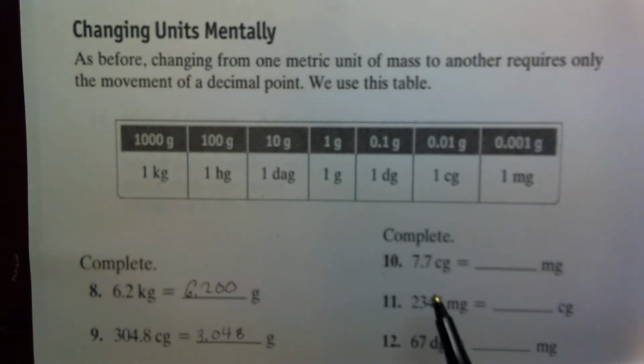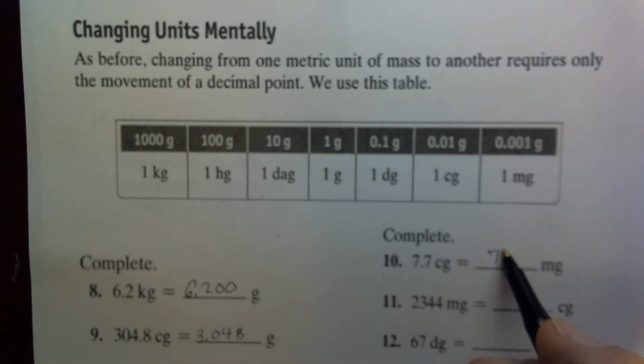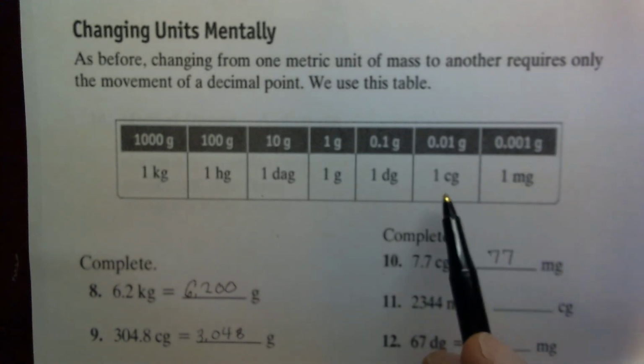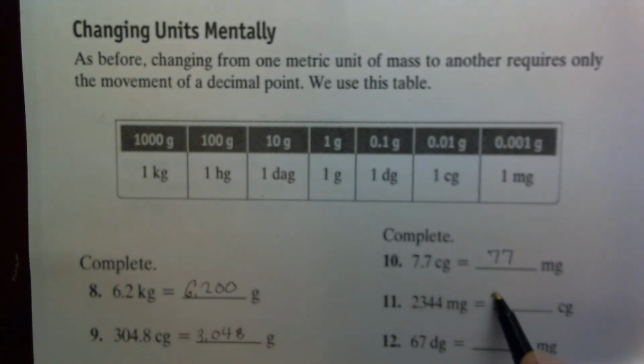To convert 7.7 centigrams to milligrams, we move the decimal 1 place to the right, so this becomes 77 milligrams. For number 11, converting 2,344 milligrams to centigrams, we move the decimal 1 to the left, so it becomes 234.4 centigrams.